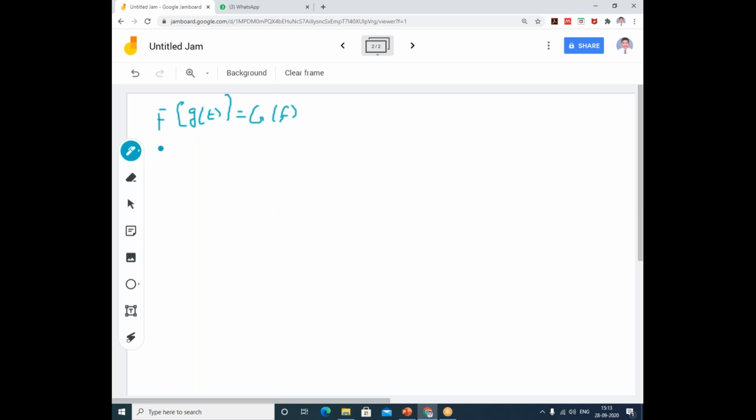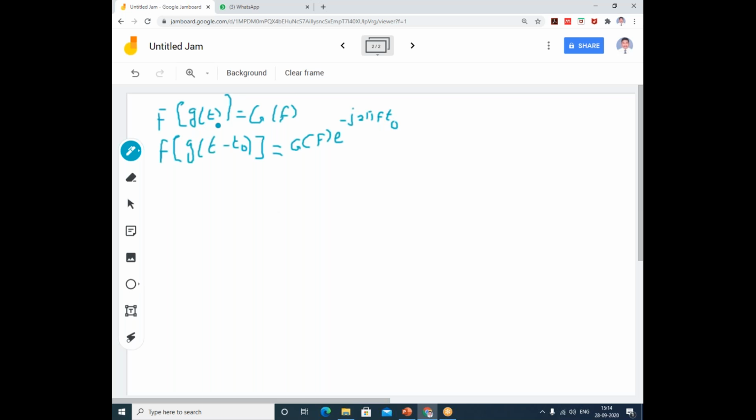And if I find the Fourier transform of g of t minus t naught, now please observe it. When you apply the Fourier transform to g of t minus t naught, you can write it as g of f into e power minus j2 pi f t naught.